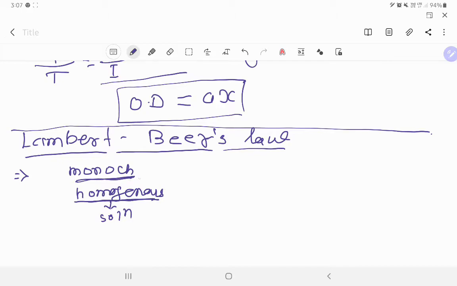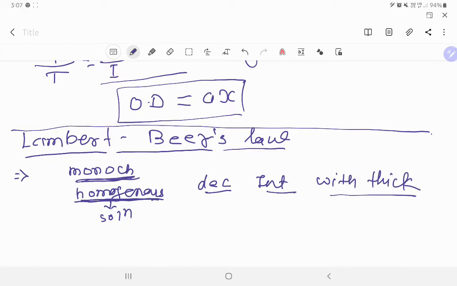When a beam of monochromatic radiation passes through a homogeneous absorbing solution, then the rate of decrease in intensity of radiation with thickness of absorbing solution.